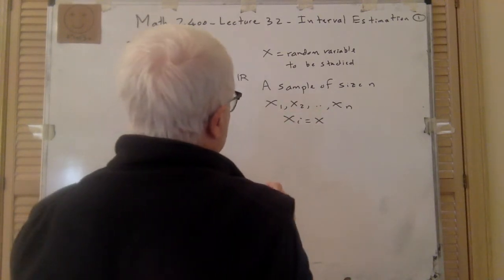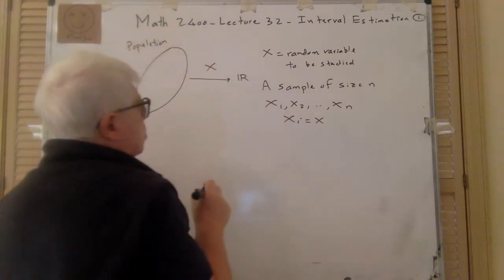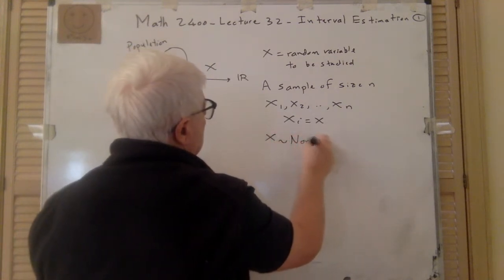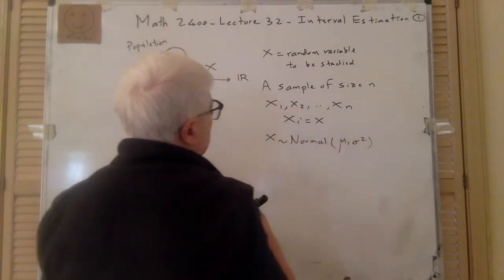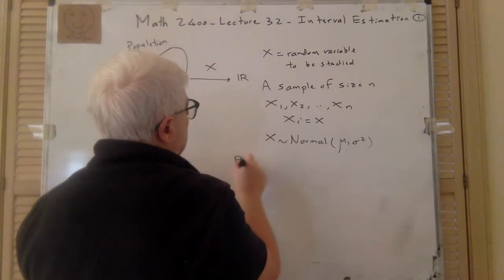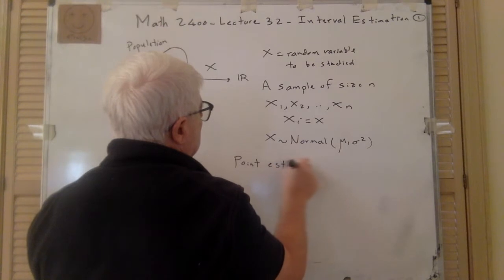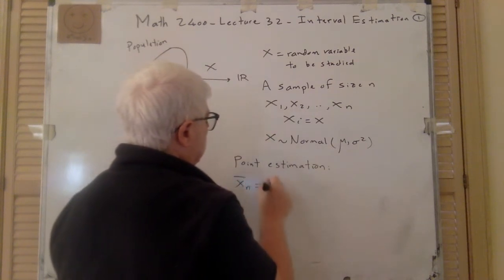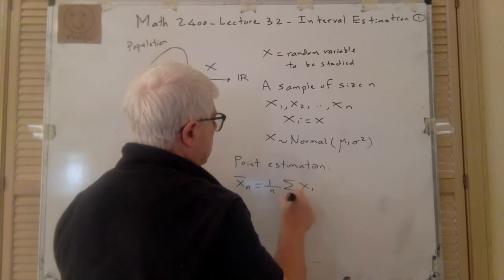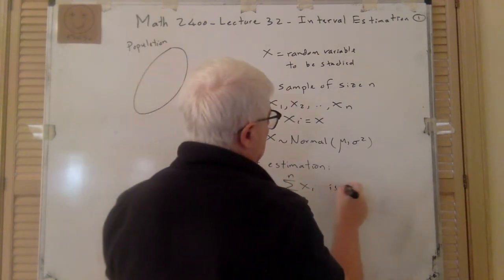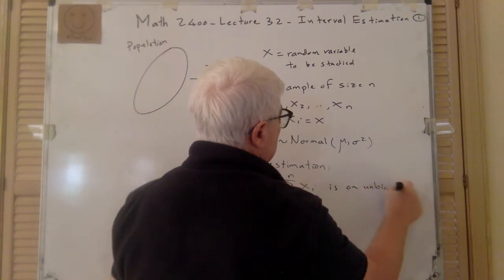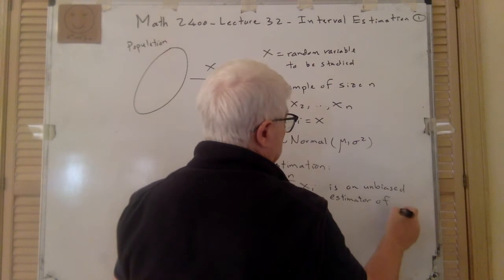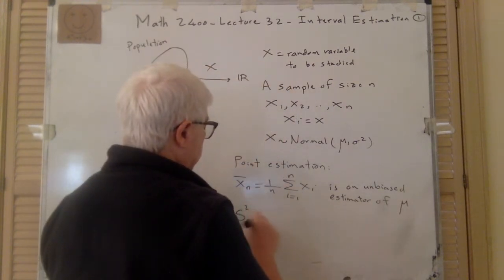The same distribution, and so, well, if we assume that this x is normal with mu and sigma squared, then we found that point estimation gave us that x bar n, mu, and we found that the s squared n.